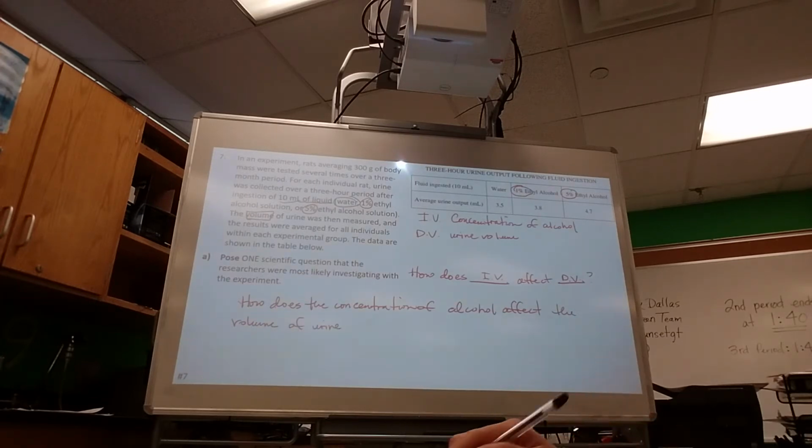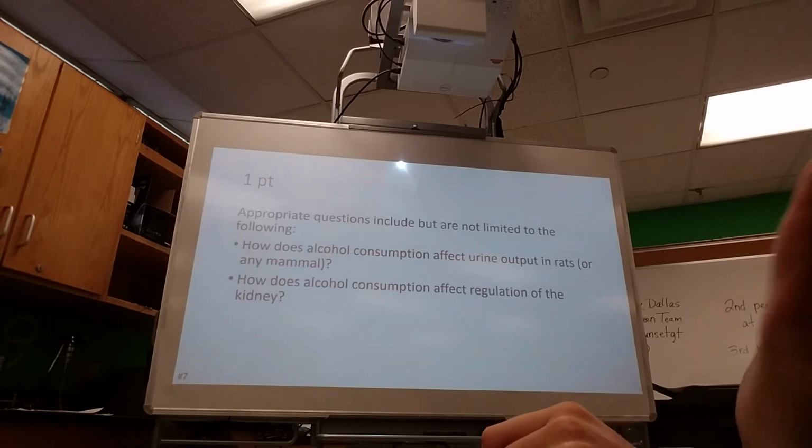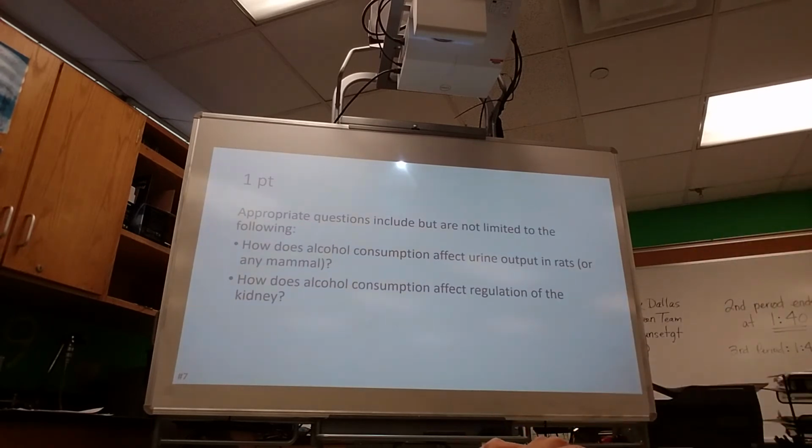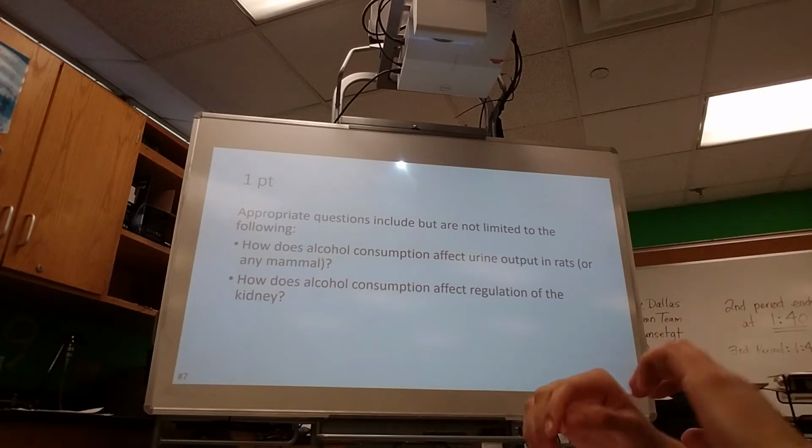Make sense? Alright, so some of the appropriate questions are things like, how does alcohol consumption affect urine output? How does alcohol consumption affect regulation of the kidney? Our question also would earn points.